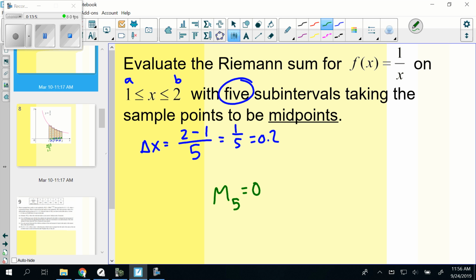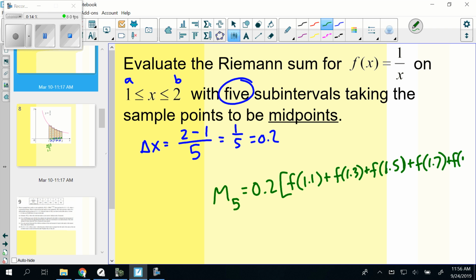All the heights here would be 0.2, and now we would add up the function at the height at 1.1, 1.3, 1.5, 1.7, and finally 1.9. And then multiply that by 0.2 and you get it. We're not actually going to go through and do this, but it's more that you remember how to set these up. I think you guys know how to go through and calculate it.